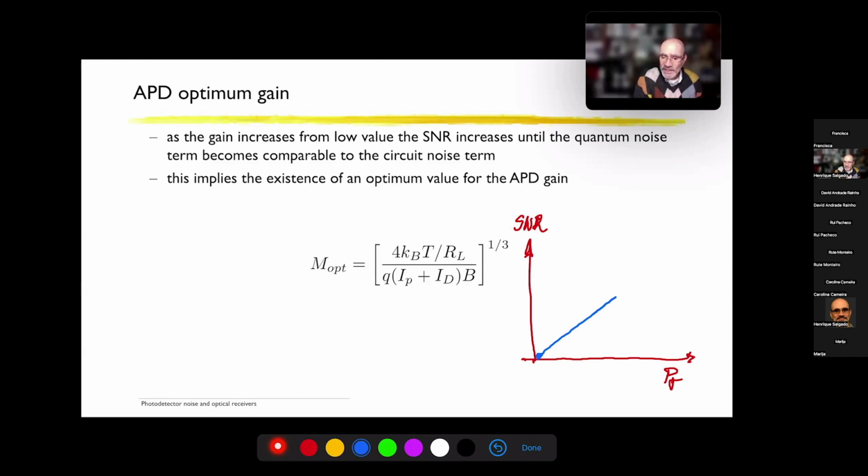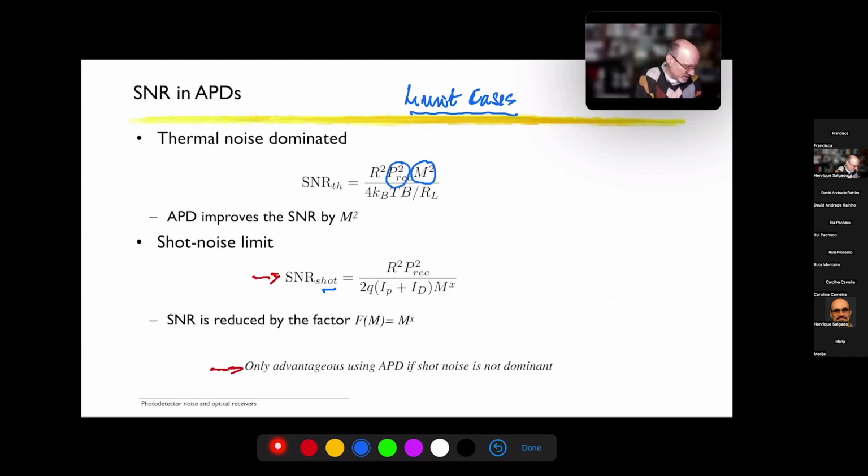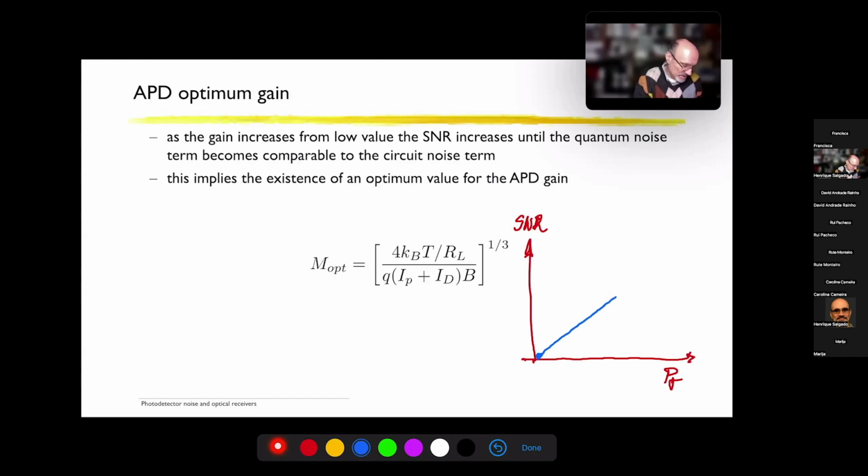And after that point, the signal-to-noise ratio becomes limited by the shot noise, and it decreases with further increase of the gain of the APD. And so we see that in that case, the signal-to-noise ratio starts to decrease.